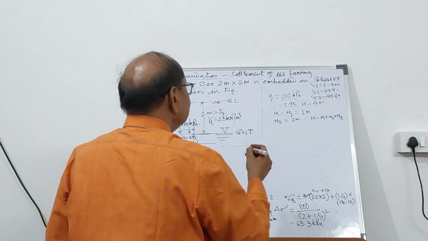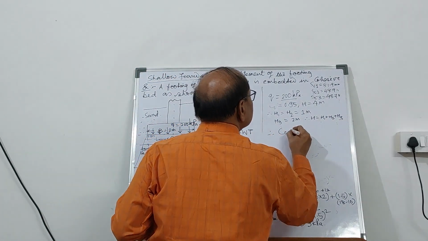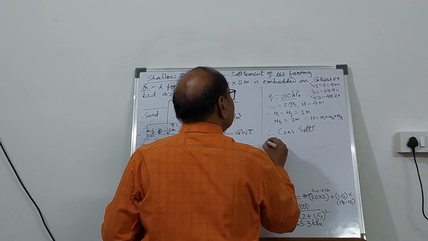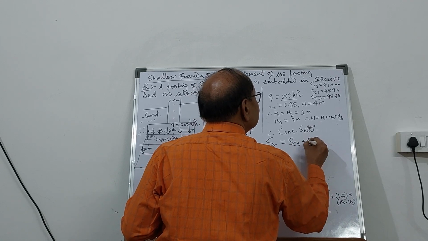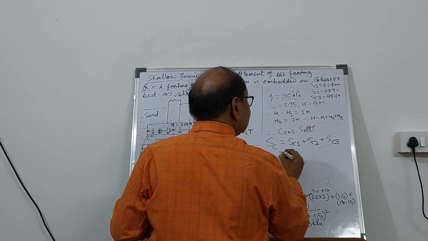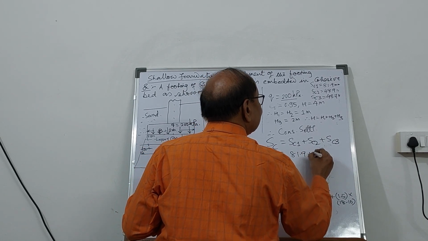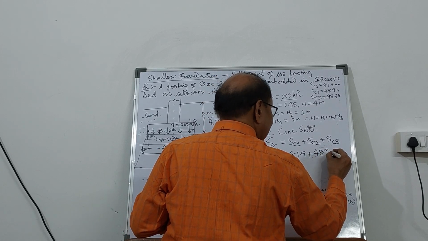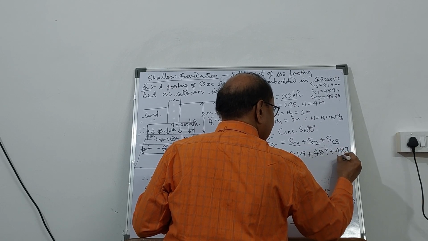Therefore, the final answer you have got now is the consolidation settlement of this footing. SC will be equal to SC1 plus SC2 plus SC3. That means it is going to be 81.9 plus 48.9 plus 48.7 millimeter.